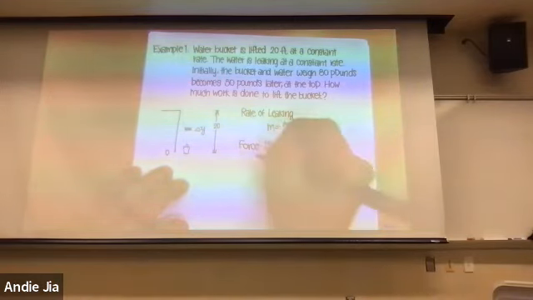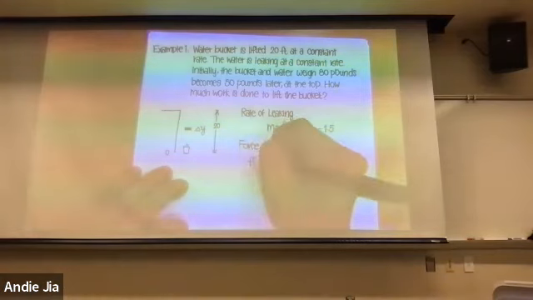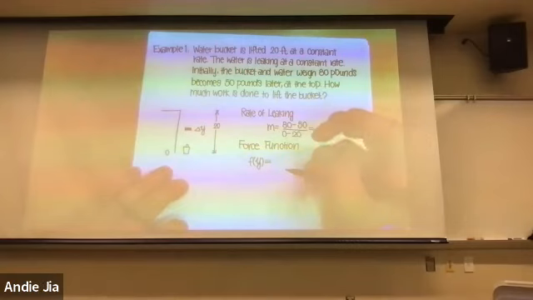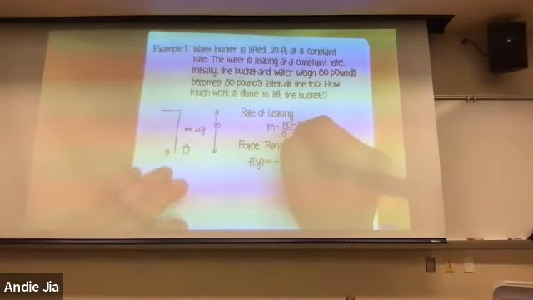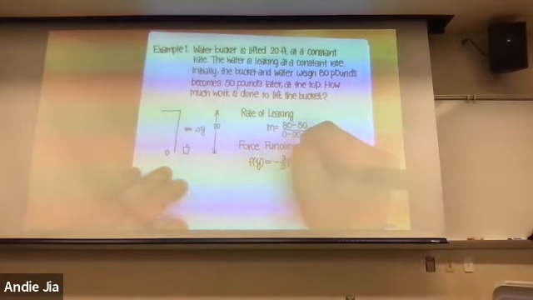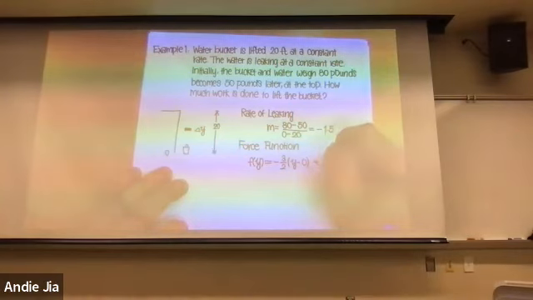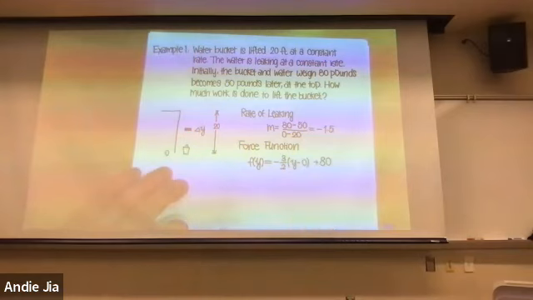So F of y is the function, and it's going to be negative 3/2 (y minus 0) plus 80, because it's just the initial weight.